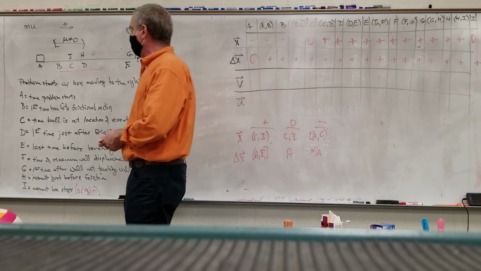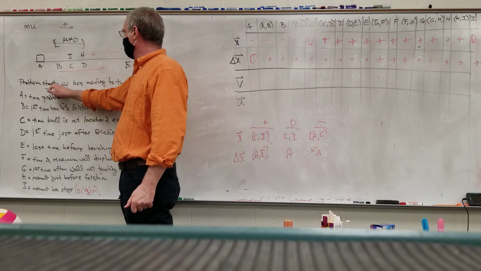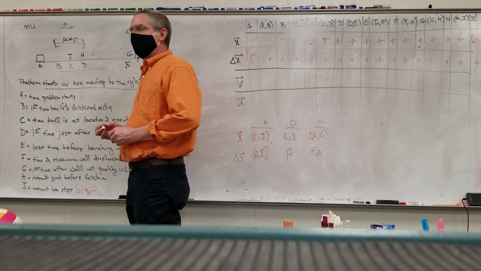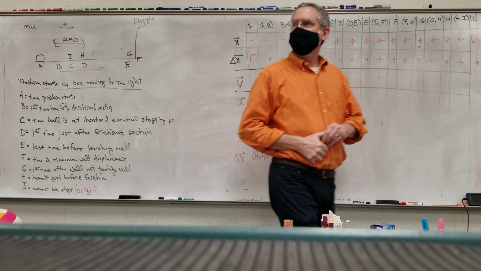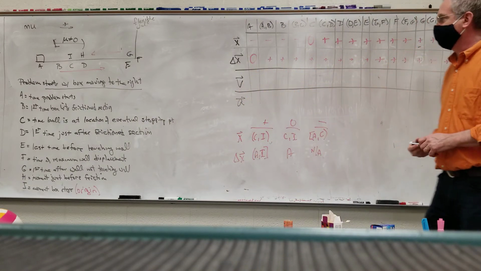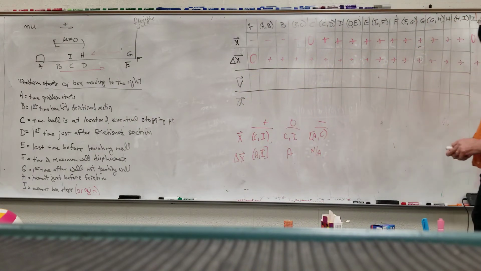On F. You said A? The problem starts with the box moving to the right. All right, it is stopped at F, because that's the point where it turns around. So, is it stopped anywhere else? Yes.